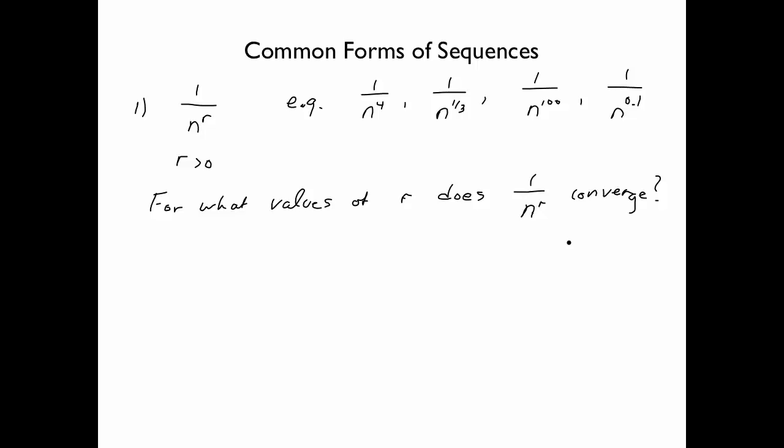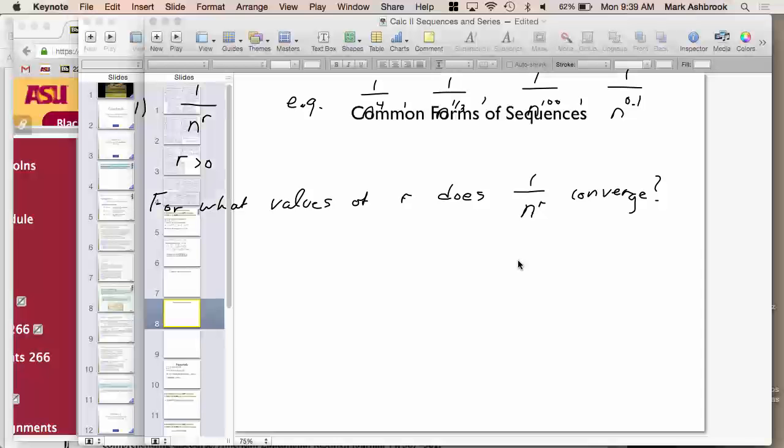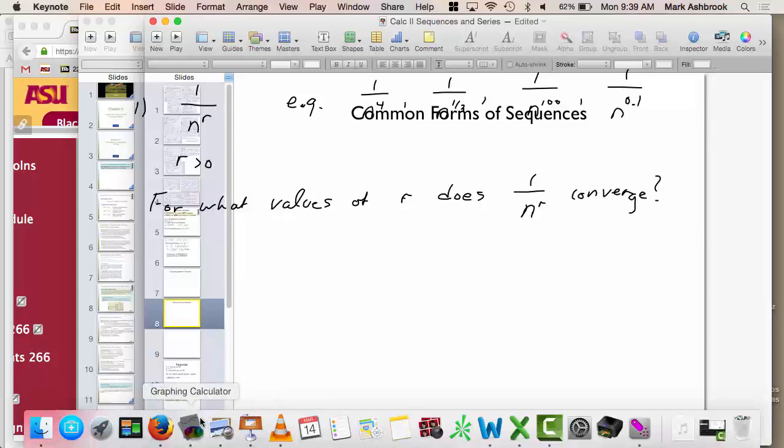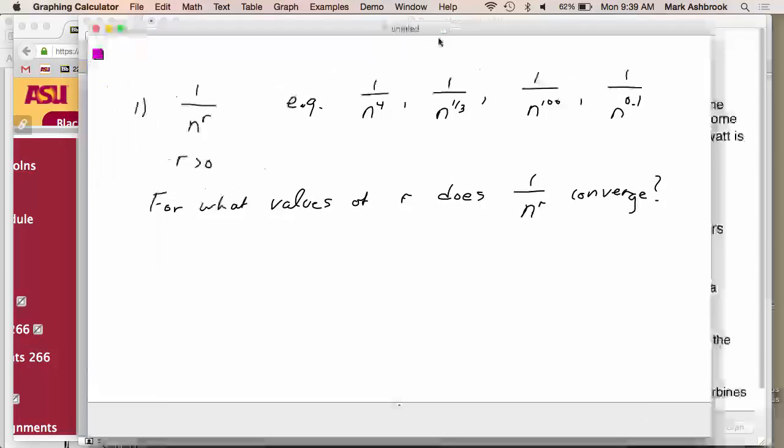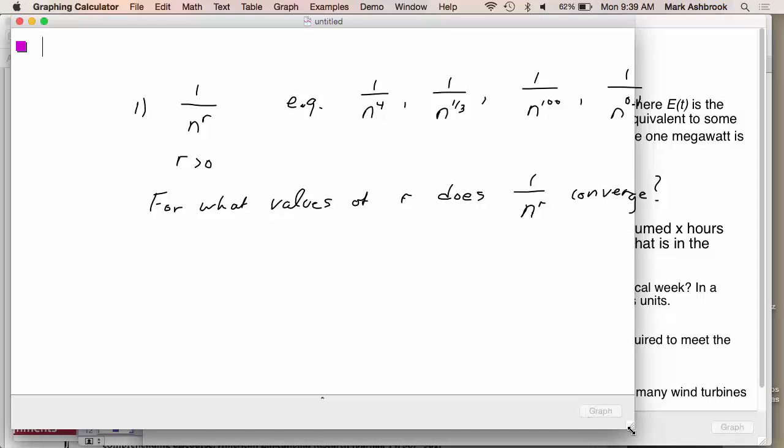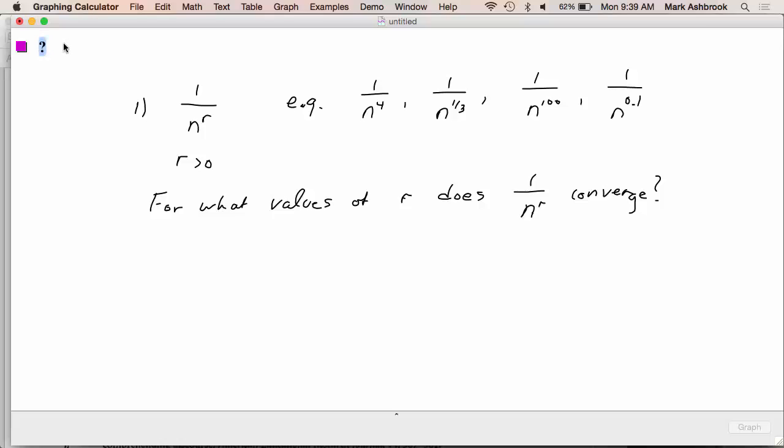So we're going to look at graphs of a function. What function would correspond to this sequence, say, 1 over n to the 1, or 1 over n to the 4, or 1 over n to the half? What would the corresponding function be to 1 over n to the r?